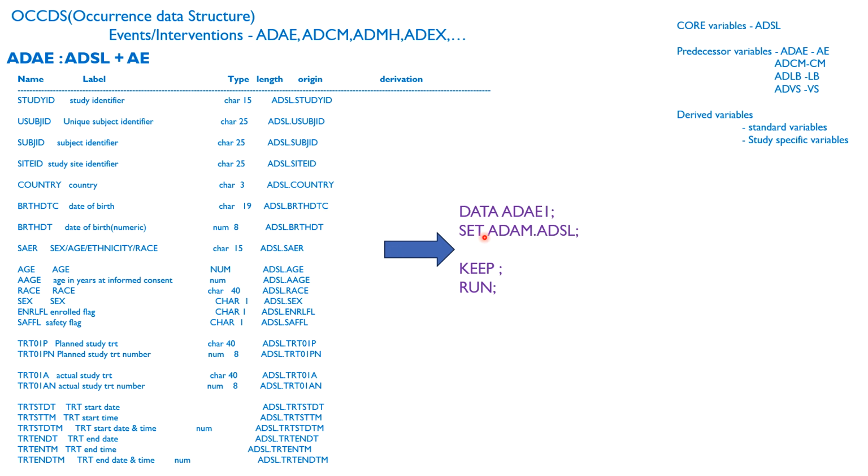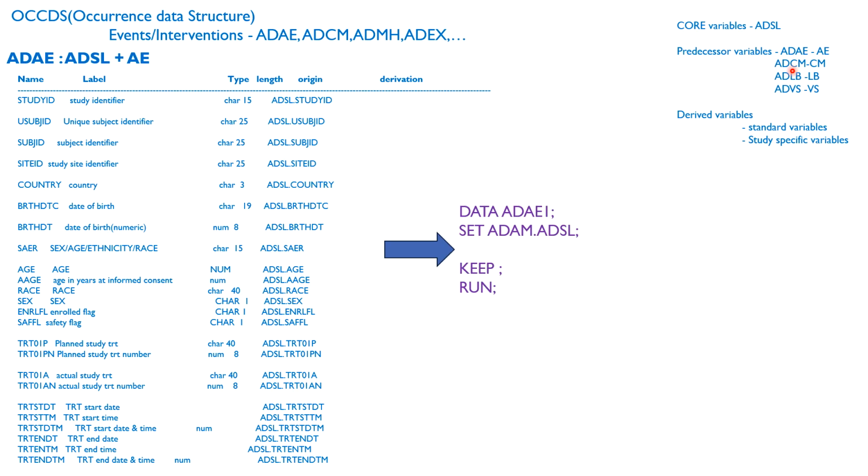Here in ADAE we should know what the core variables, predecessor variables and derived variables are. Core variables are nothing but ADSL domain variables. Whatever ADSL variables there are, all of them come under core variables.